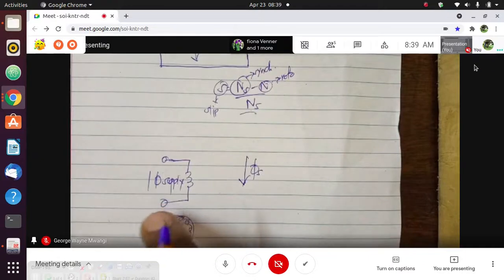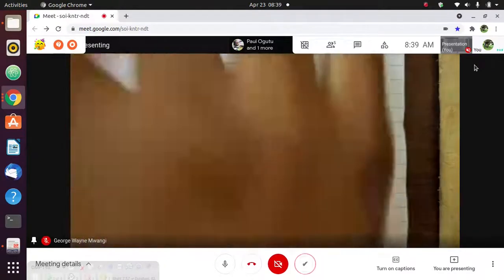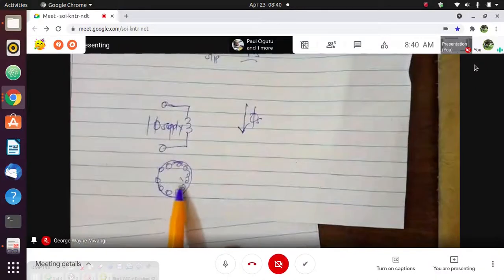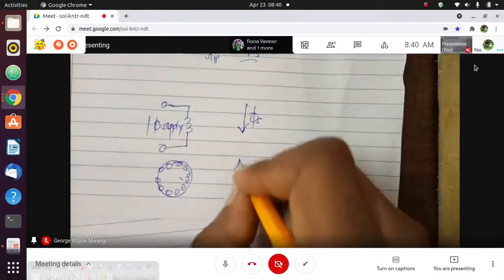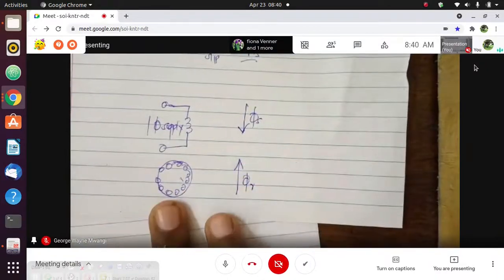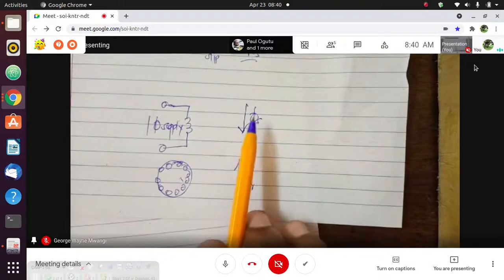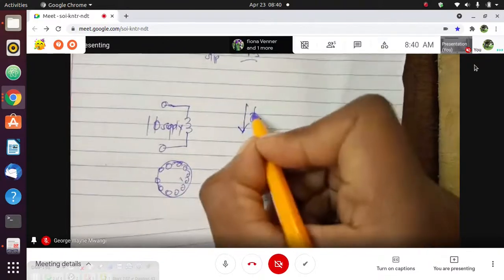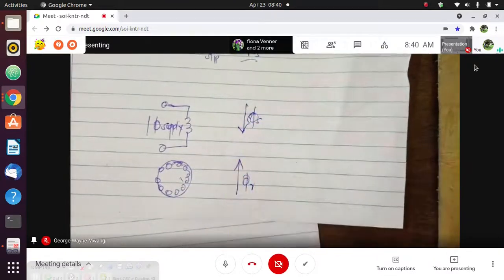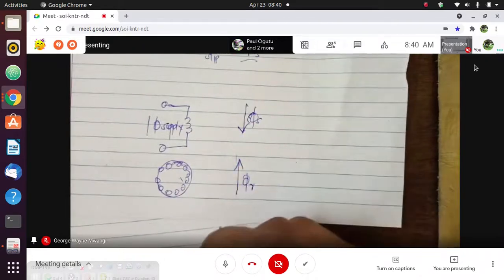It will induce a flux in the rotor, and this rotor flux will be acting in the opposite direction. It will oppose the flux causing it. It will act in the opposite direction, but it will act along the same axis.